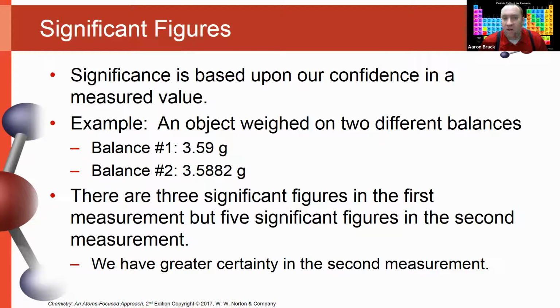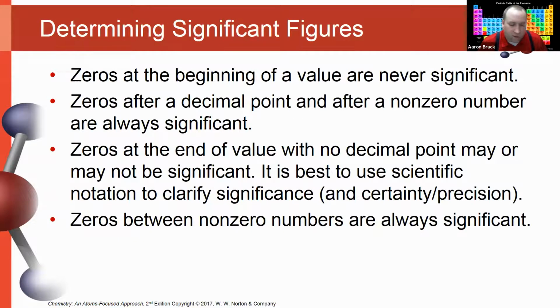So how do we go about evaluating how many significant figures a particular balance or a particular measurement tool gives us? Well, there are some guidelines that can help us. Most of the guidelines regarding significant figures fall around this general idea.